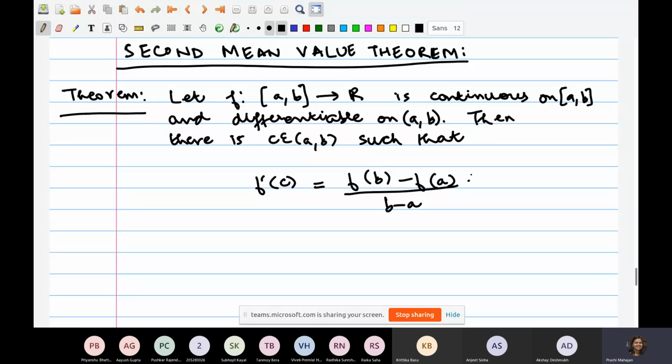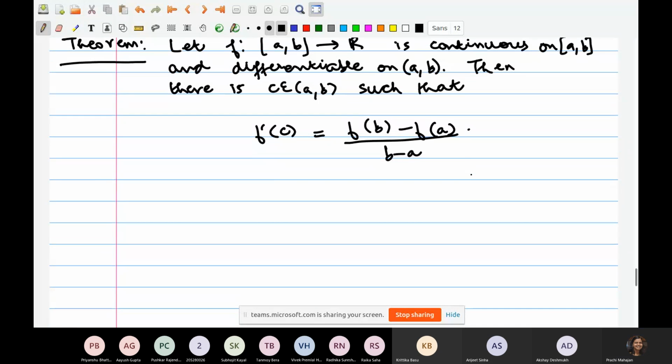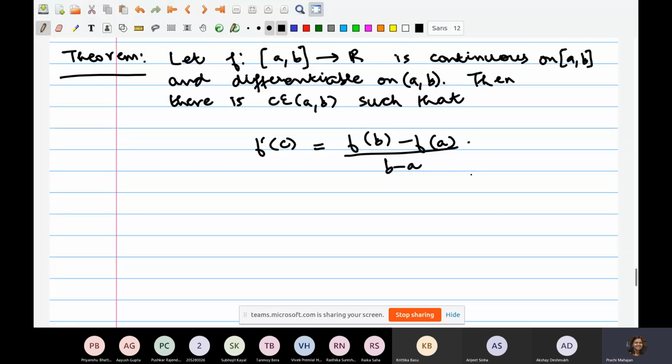So what does the right hand side represent here? Let's see. Suppose this is the x-axis, this is the y-axis. Let me draw, so there's no assumption on the values the function f takes at the endpoints a and b. Let me draw something like this.